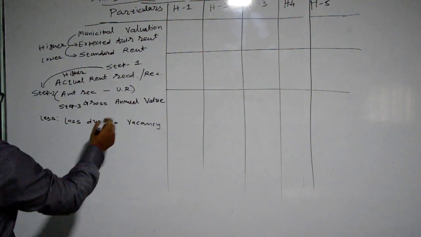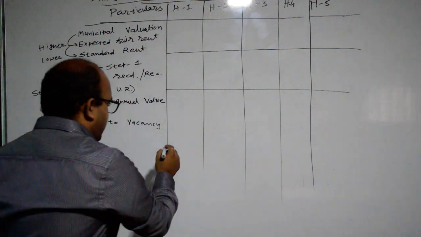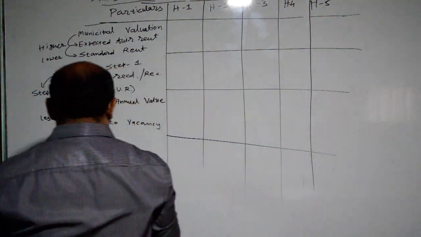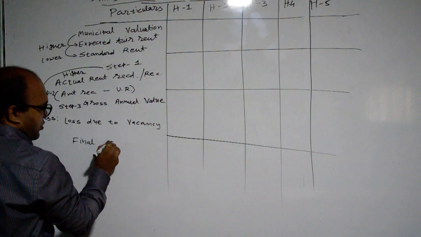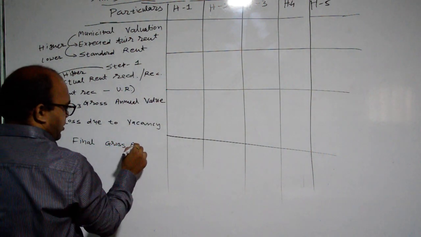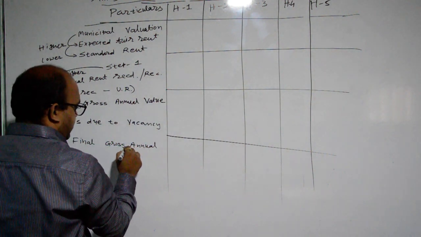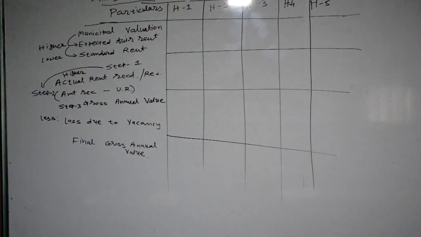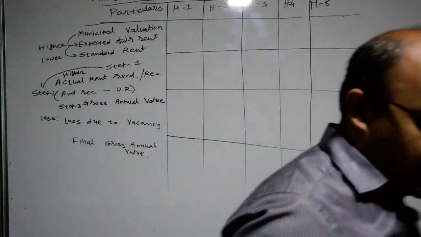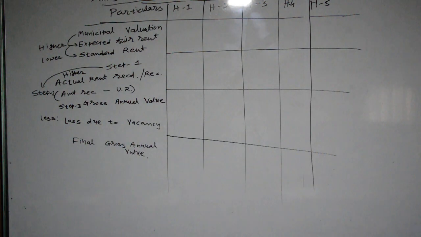From gross annual value, loss due to vacancy will be deducted, and then we will get the final gross annual value.